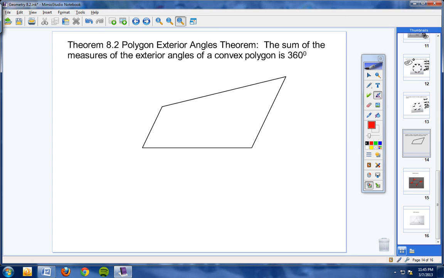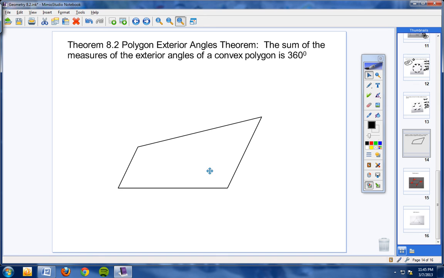This theorem is saying that if I extend this side here, we'll call this exterior angle 1, and then extend this side down here, this is exterior angle 2, and then extend this side here, this is exterior angle 3, and then extend this side right here, this would be exterior angle 4.